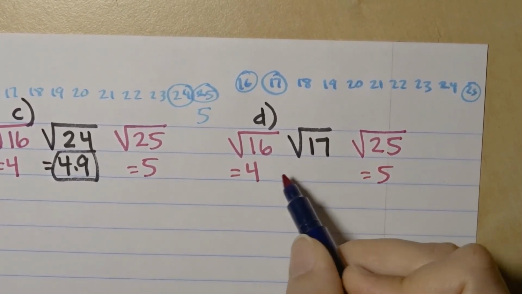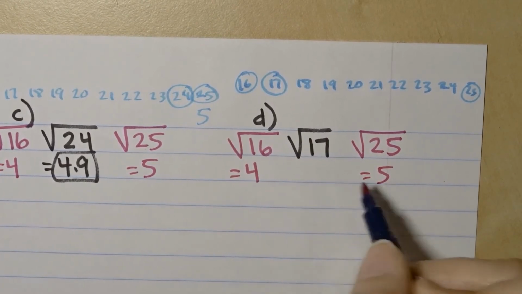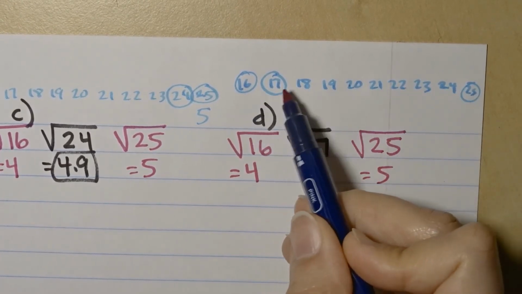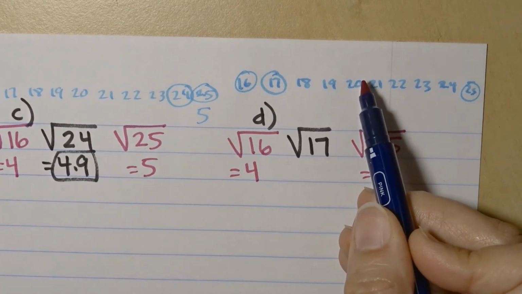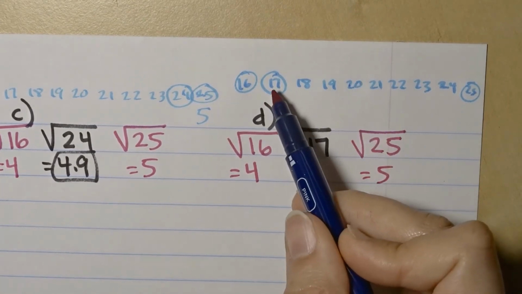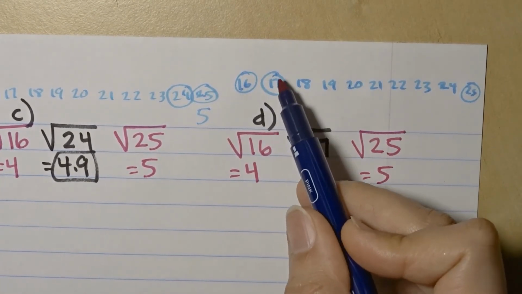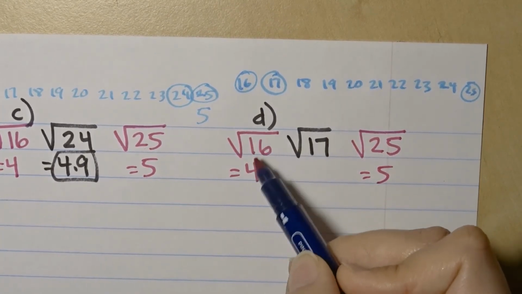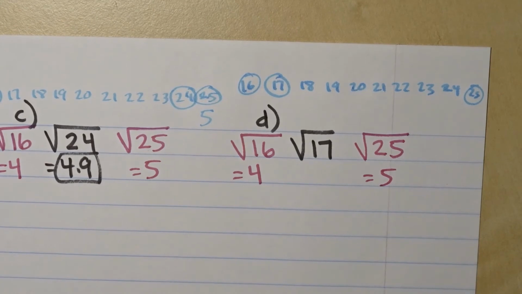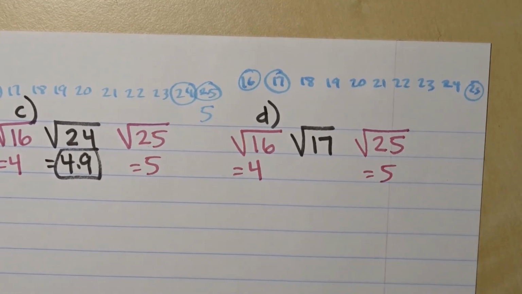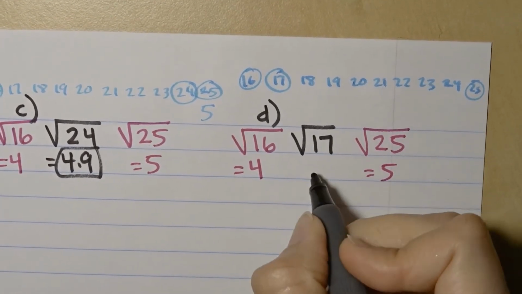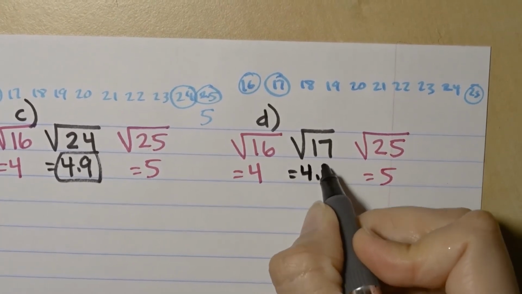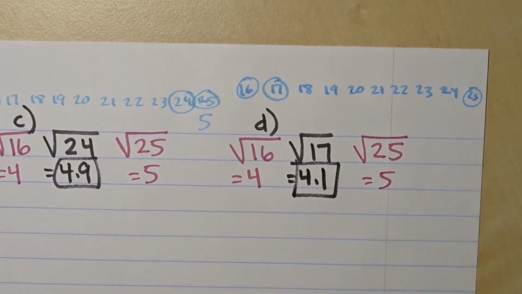So I know this one's 4, and this answer is 5. 4.5 would have been right in between 4 and 5, which means my number would have been like 20.5. So I'm not even close to the center. I'm only 1 away from 4. I'm not going to use 4 because that's the answer for 16. So instead, for 17, since it's just the next number over, I'm going to say 4.1 as my estimate.